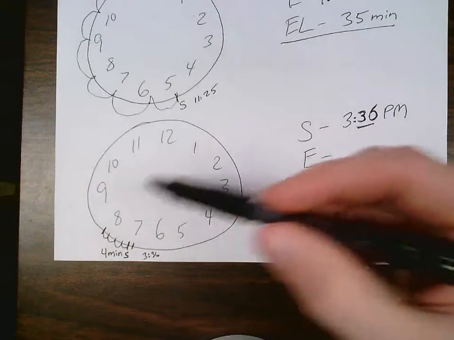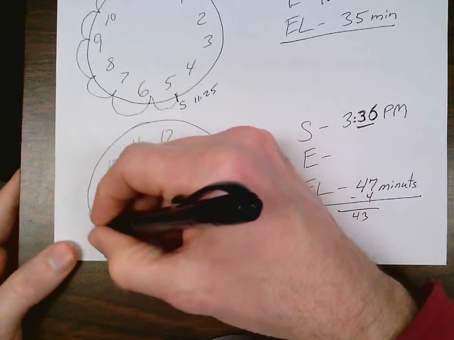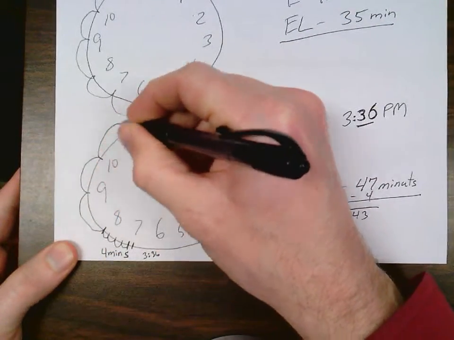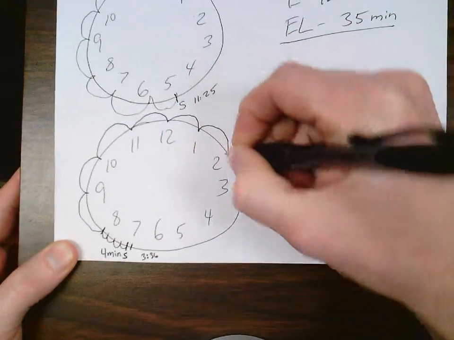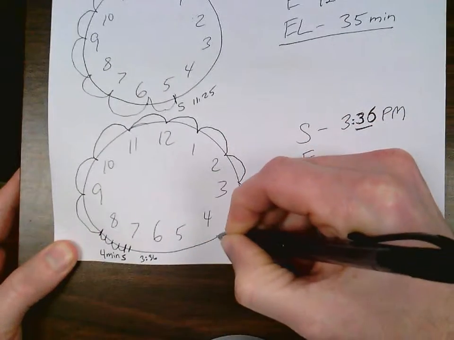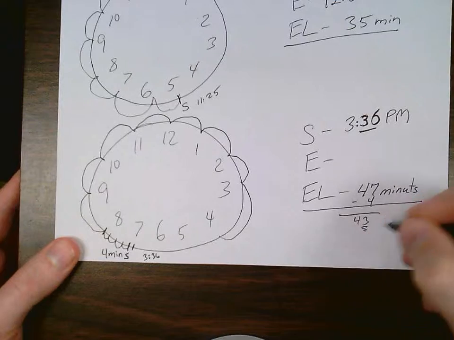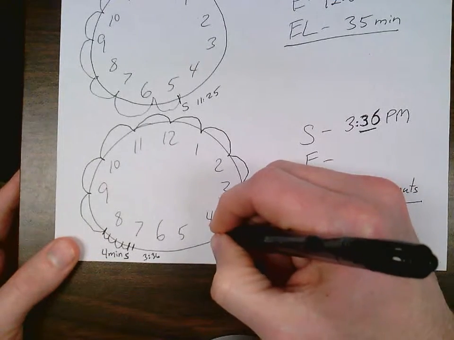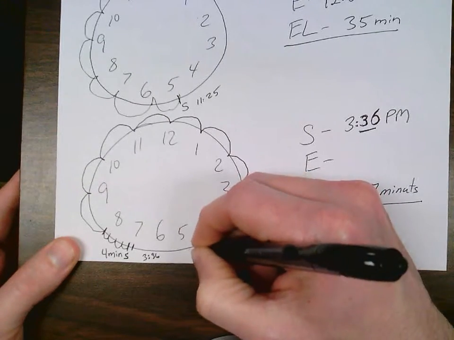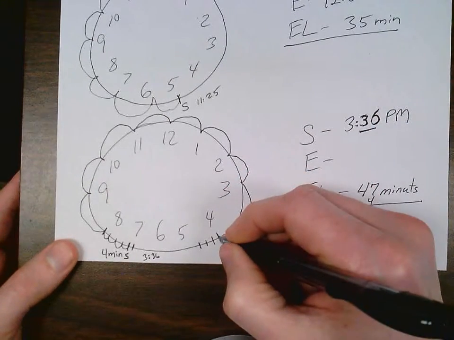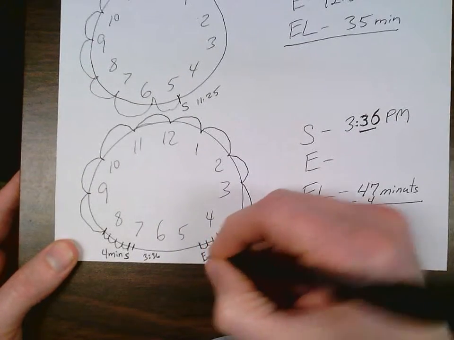So I'm going to count by fives for the next 40 minutes. 5, 10, 15, 20, 25, 30, 35, 40, and I still have 3 more minutes to go. 41, 42, and 43. So there is my end time.